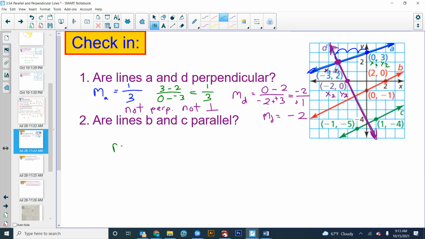So the slope of B is 1 over 2, rise over run. The slope of line C, we would rise 1, run 2. Do they have the same slope? Yes, therefore they are parallel. So B is parallel to C.